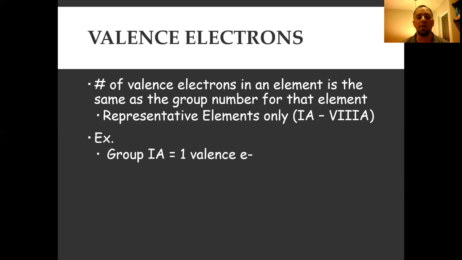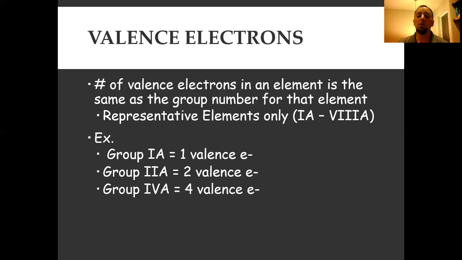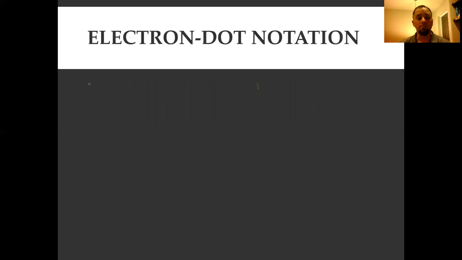For example, group 1A, all of those alkali metals all have 1 valence electron. Group 2A, the alkaline earth metals, all have 2 valence electrons, and so on. So group 4A all has 4 valence electrons, and we can keep going on that way for all of those groups on the periodic table.